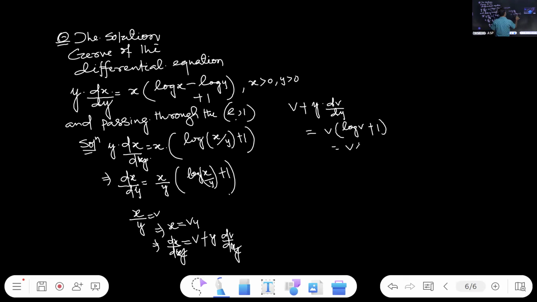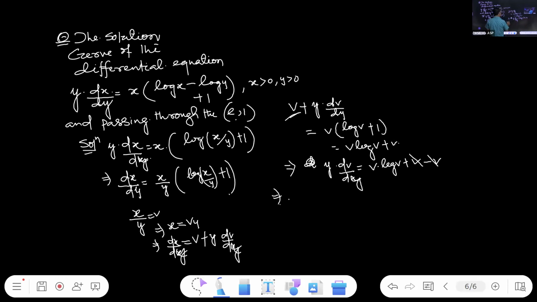This is equal to v log v plus v. This implies y into dv upon dy is equal to v log v plus v, and taking this v to the right hand side, it will be minus v. Plus v minus v cancels. Now the differential equation is in variable separable form.